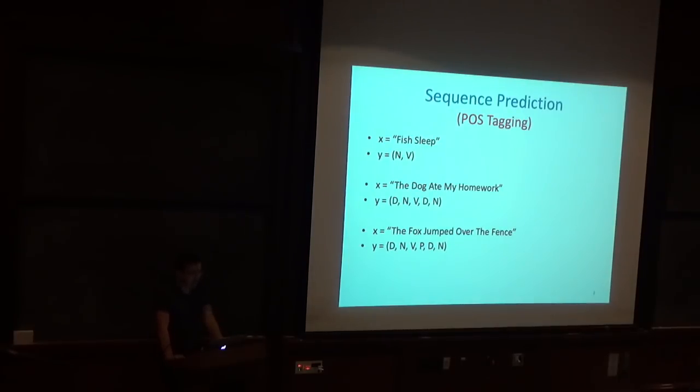If the input sequence is fish, sleep, the target prediction is noun, verb. The dog ate my homework: determiner, noun, verb, determiner, noun. The fox jumped over the fence: determiner, noun, verb, preposition, determiner, noun. So that's the idea.